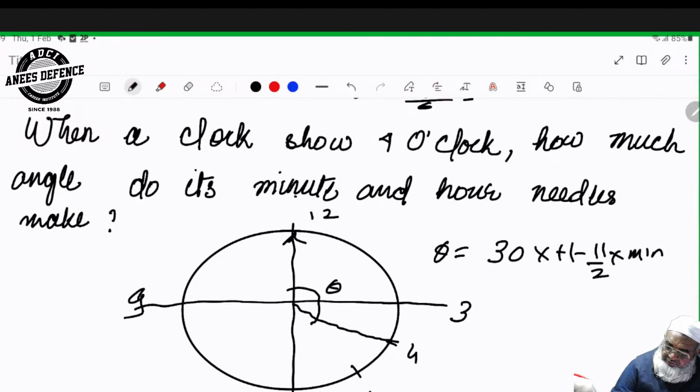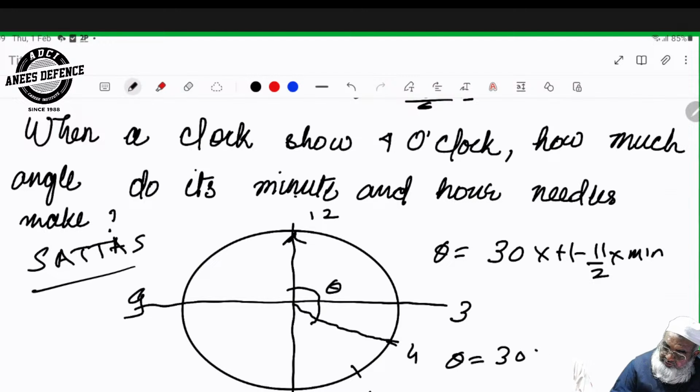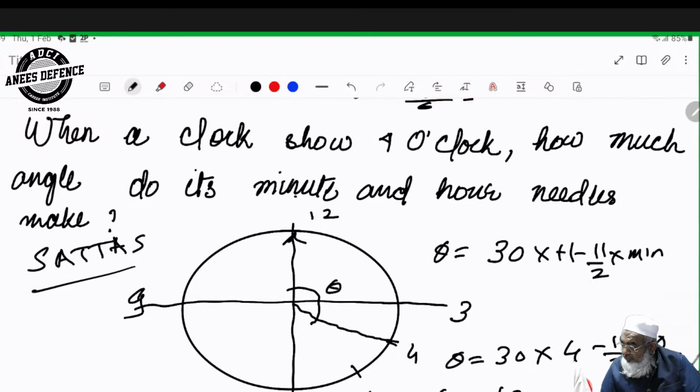There is a shortcut. 30 into hour. What is the hour hand? 4. Minute hand, there is nothing, no? 0. The answer is 120. Check. Right answer.